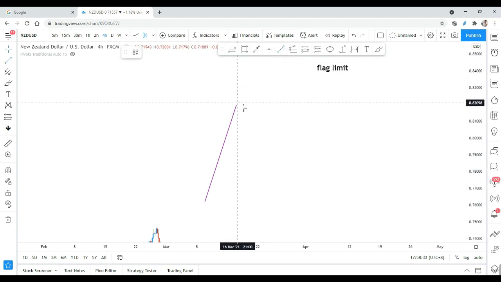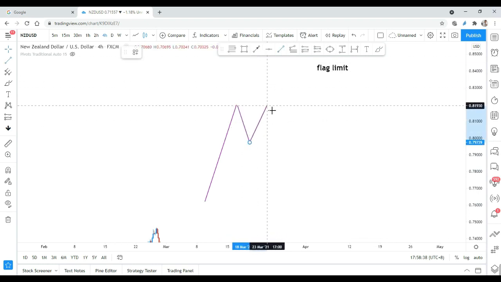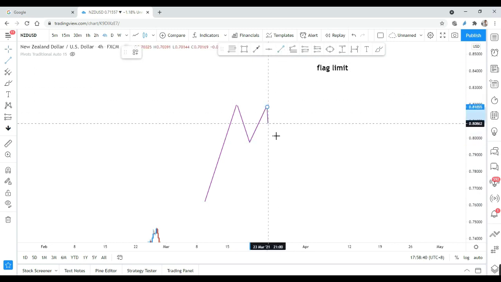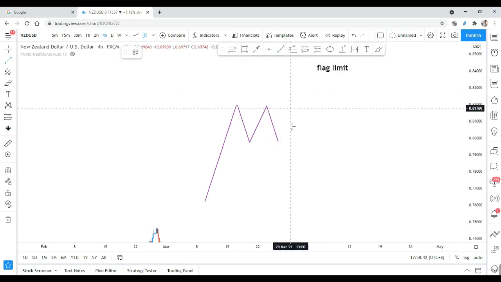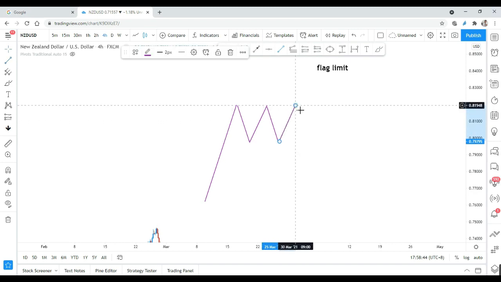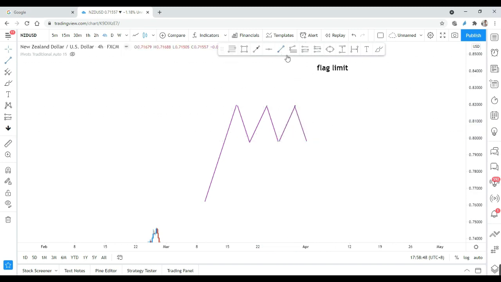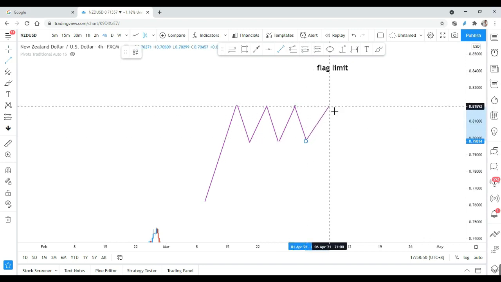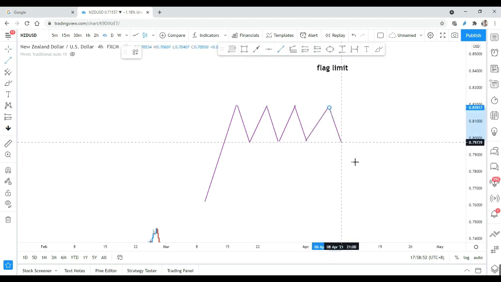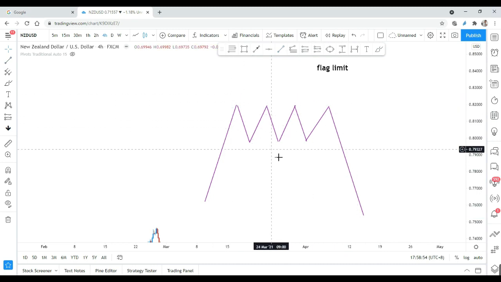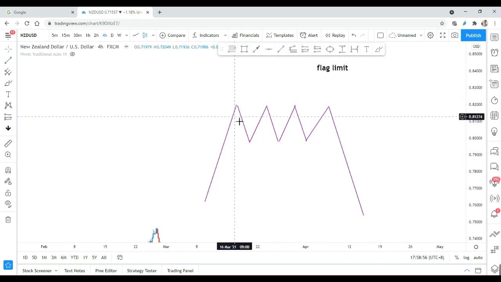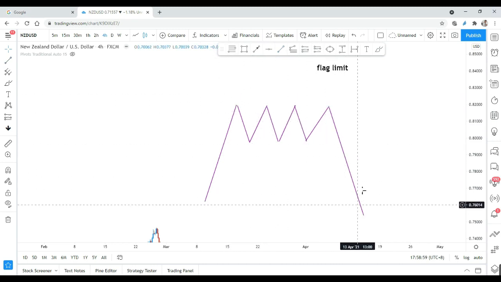Then the price will tend to make a base, right? We call it a rally base drop in supply and demand methodology. So the price came up and made a base before the drop.